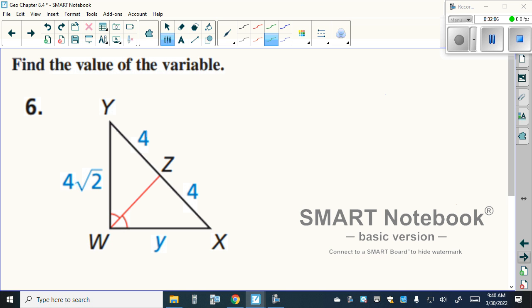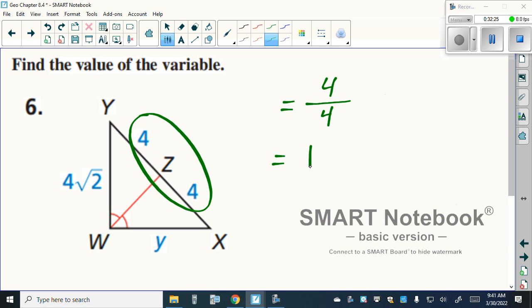If you were to guess what the value of the variable is, what would you all say? Almost 4 square root of 2, yes? Because again, one of the fractions is going to be comparing these two to each other, yes? So on one side, we're saying 4 divided by 4, which is 1. Our other side is going to be what?